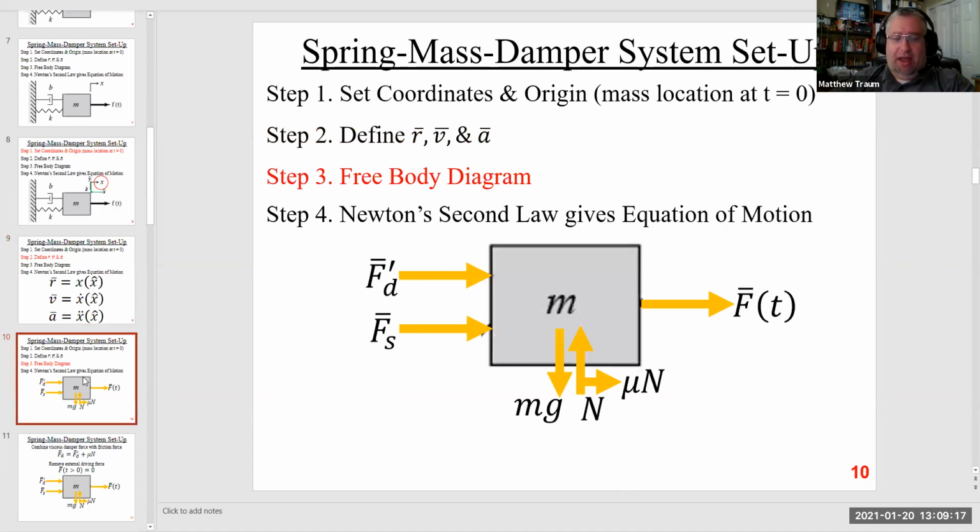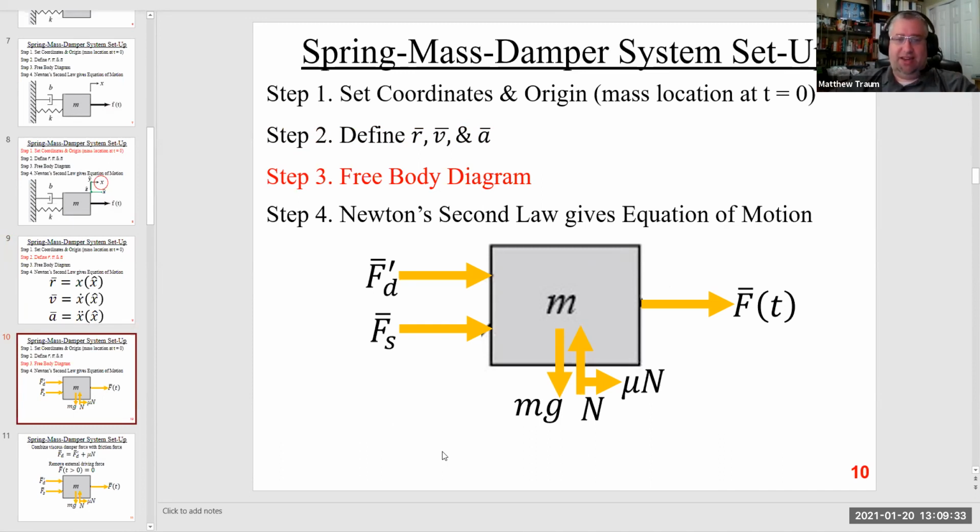And now I'm going to draw my free body diagram, which seems a little weird, right? Because it might appear like I've got the arrows in some cases kind of going in the wrong direction. The beauty of a free body diagram is that it doesn't matter, right?